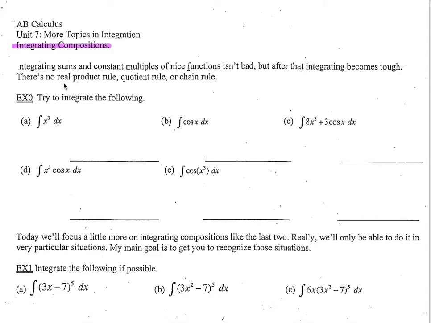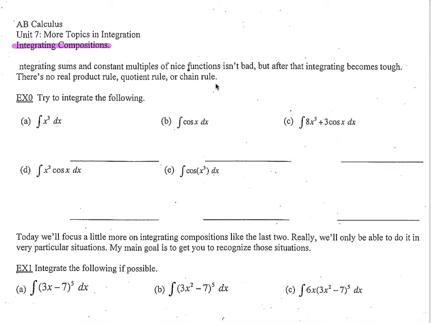We'll see in just a second that we don't have a product rule or a quotient rule or a chain rule for integration. Right? So let's look first at a couple of integrations that we know how to do that are pretty straightforward.